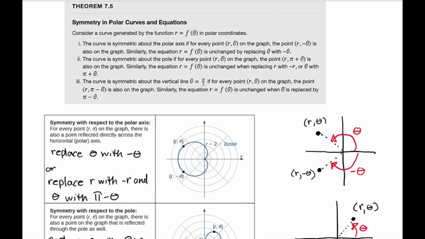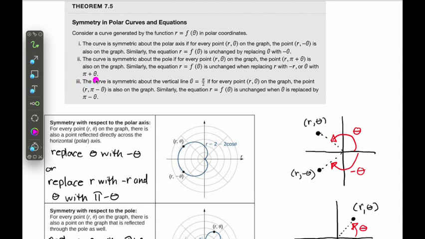Okay, let's look at the last property. We could have symmetry where the curve could be symmetric about the vertical line, theta is equal to pi over 2. So that would be what we look at as the y-axis. This is the vertical line, theta is equal to pi over 2.